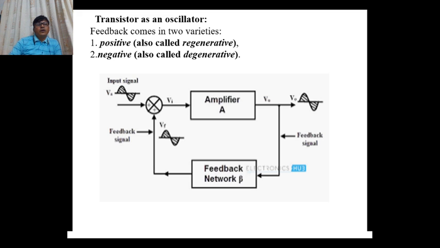Now I will explain about the transistor as an oscillator. Last class I explained about feedback and types of feedback. There are two types of feedback: positive feedback and negative feedback. Positive feedback is called regenerative. Why is it called regenerative?